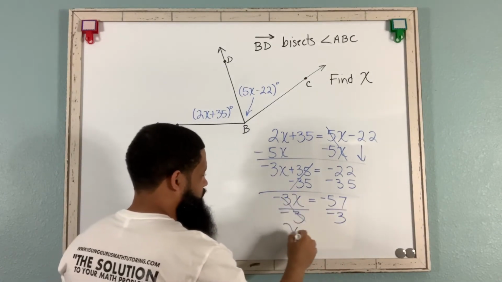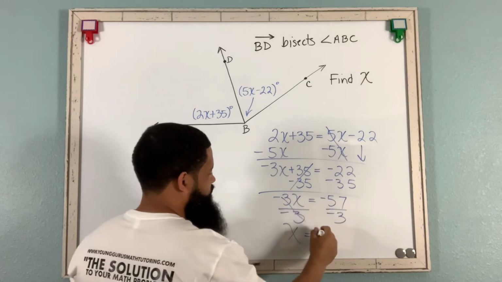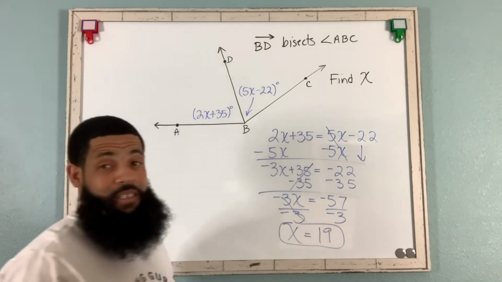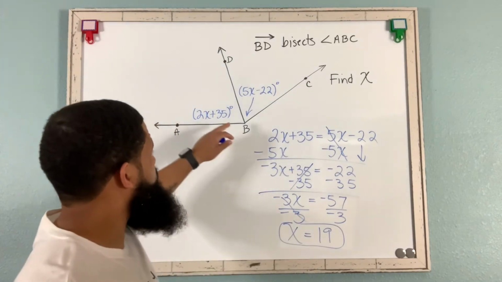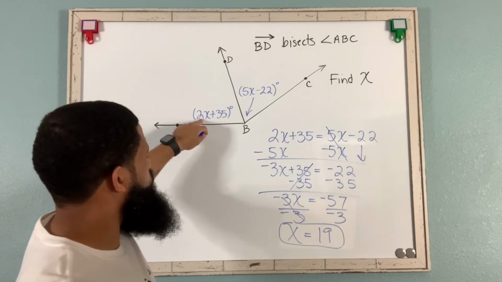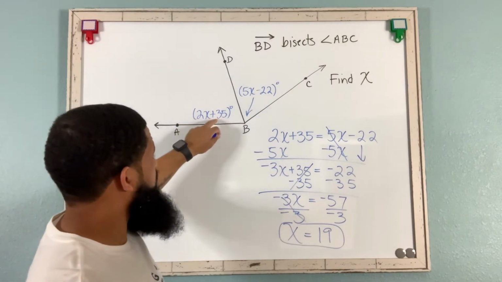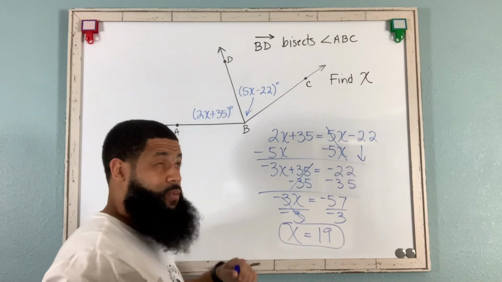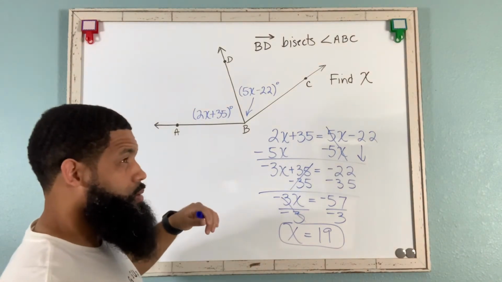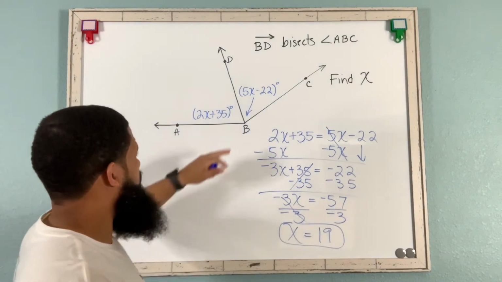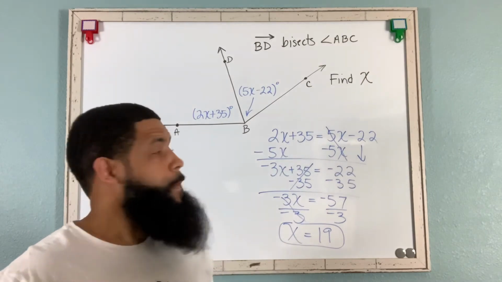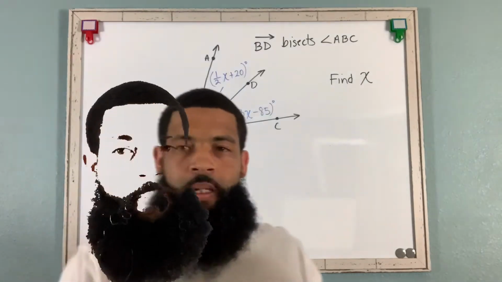Negative divided by negative is a positive, so x is equal to 19. Now, if x equals 19, we can plug this in. 19 times 2 is 38, and 38 plus 35 is 73. Same thing here: 19 times 5 is some big number. I'm not about to calculate it, but you can double check behind me.